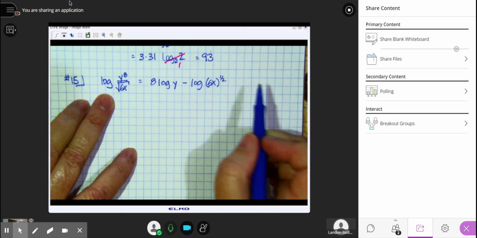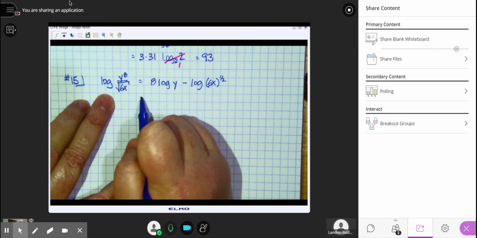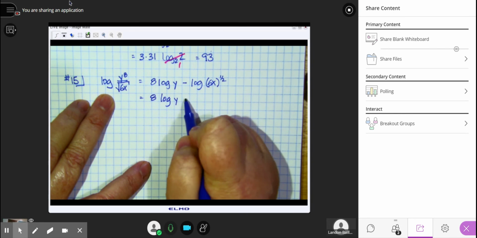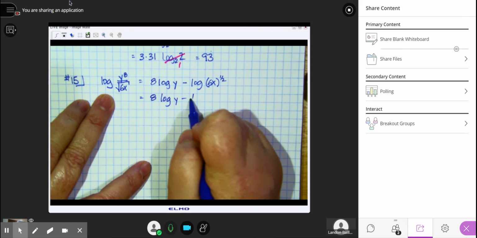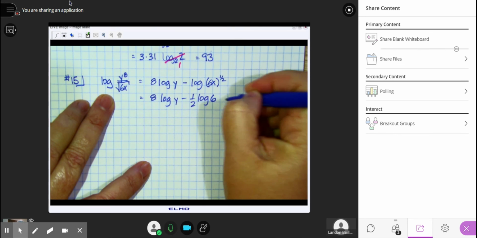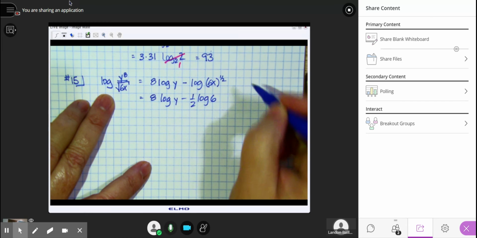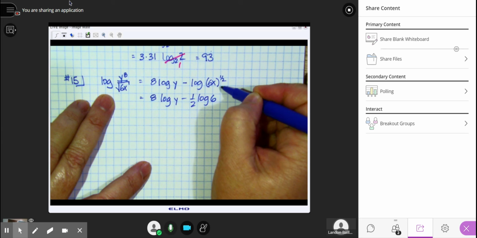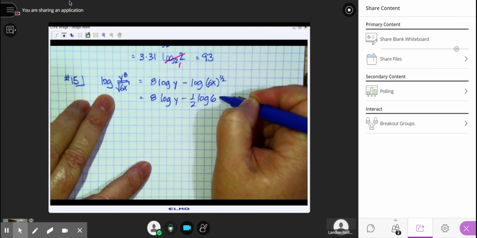Okay. Yes, but be careful because that 1/2 is going to be a 1/2 log 6x.